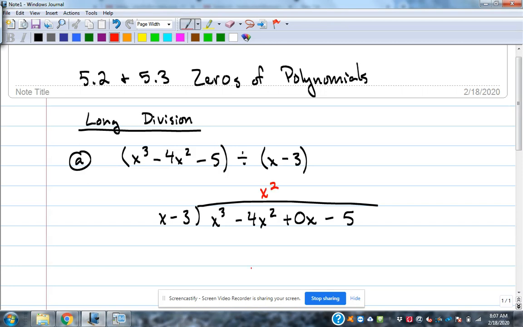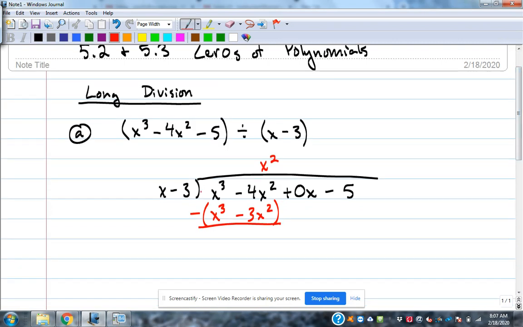And then I'm going to take my part of the quotient here, and I'm going to multiply it times everything that's in the divisor. So x squared times x is x cubed. x squared times negative 3 would be minus 3x squared. We'll put that in parentheses and subtract. The x cubes cancel out just like we want them to.